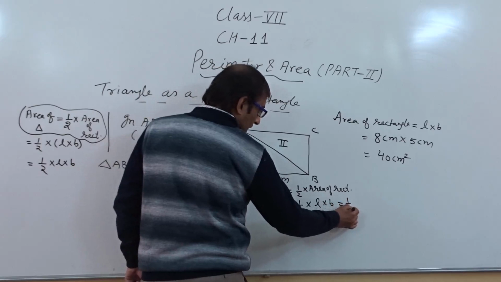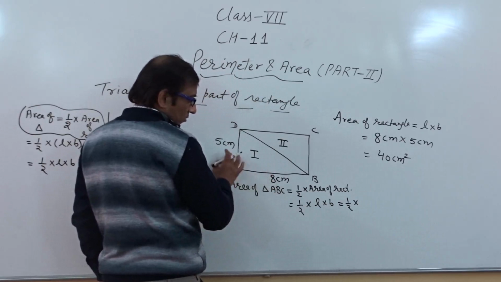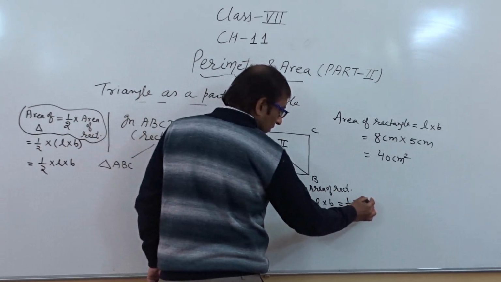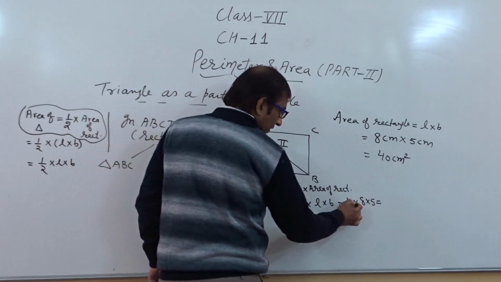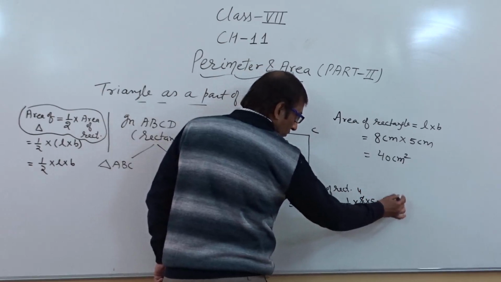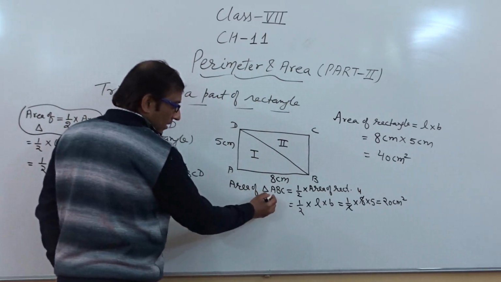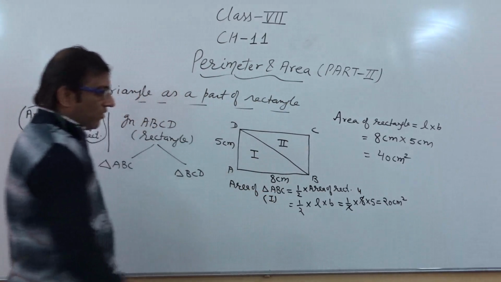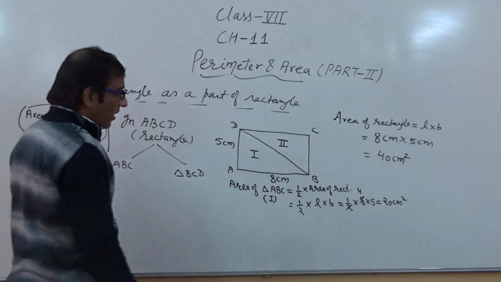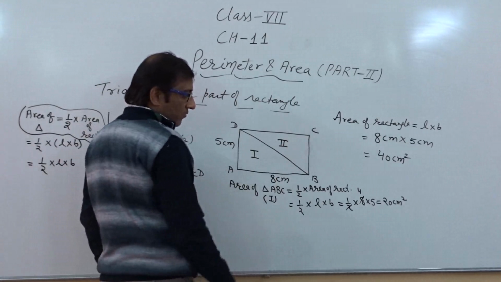It becomes half into 8 into 5, and when we solve it we get 20 centimeter square. It means the area of the first triangle is equal to 20 centimeter square. Now we continue with the area of the second triangle, that is BCD.